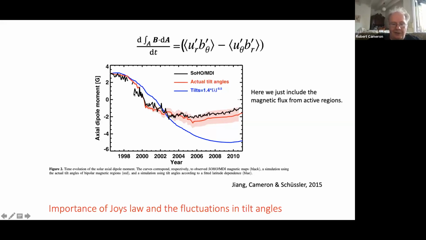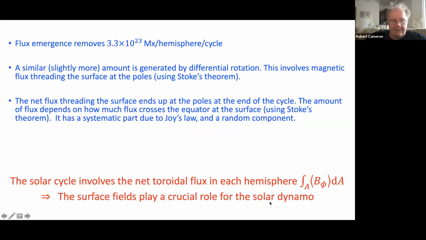And so all the noise and all the structure in the observations, how much flux you're getting across the equator, is coming from variations of the tilt angle. So this shows us Joy's law, and the fluctuations in the tilt angles are very important. And we'll come back to that in a moment. But at the moment, let's just recap where we are.